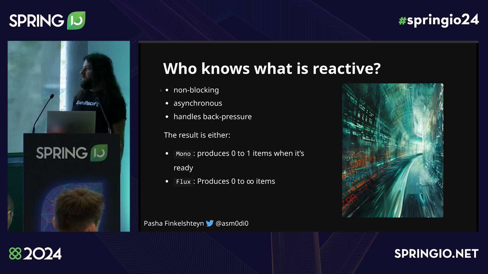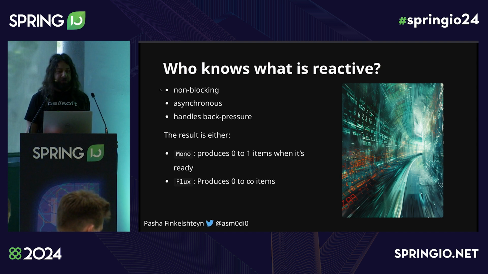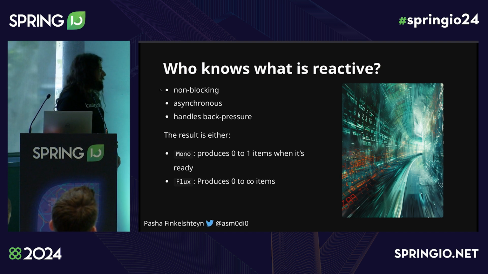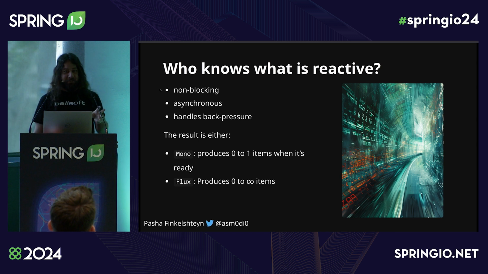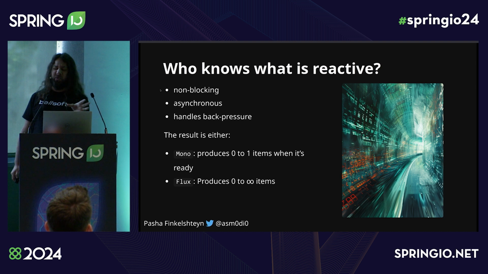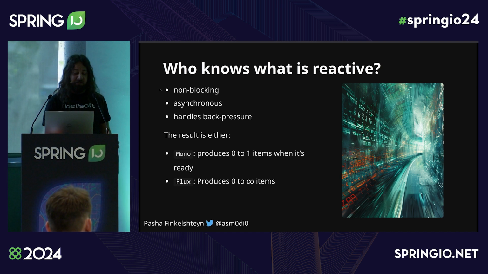For example, if you try to select asterisk from your database, it will produce infinity. Okay, a very small infinity probably in some cases. Anyways, they are generic classes which behave a little bit like collections, but they return your result later.